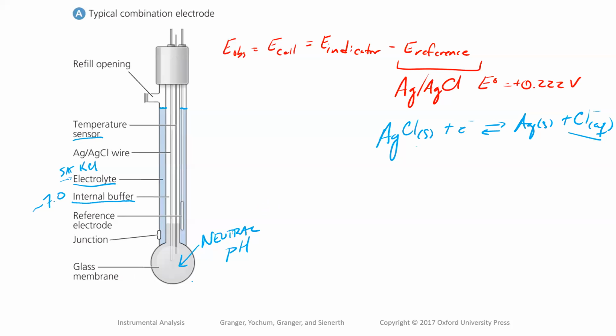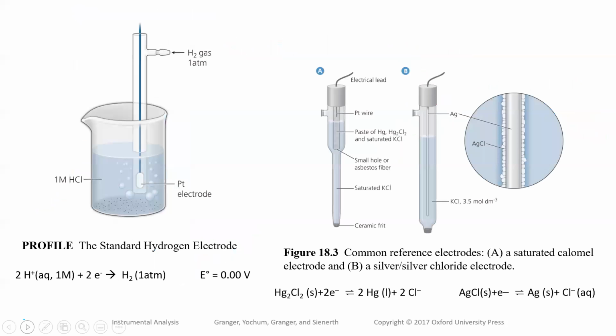So we'll talk a little bit more about pH probes in particular in a minute, but this is that combination electrode where the reference and the indicator are part of the same setup. Okay. So here's the standard hydrogen electrode.